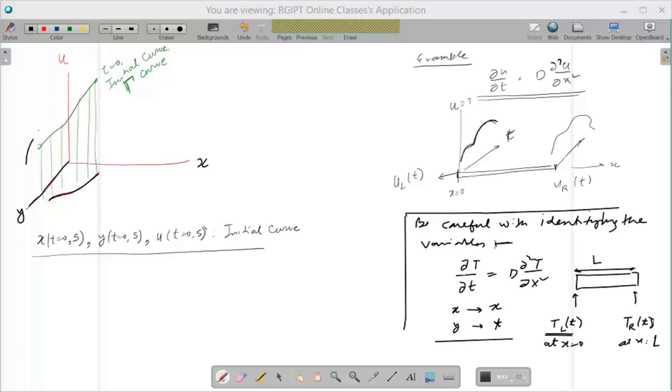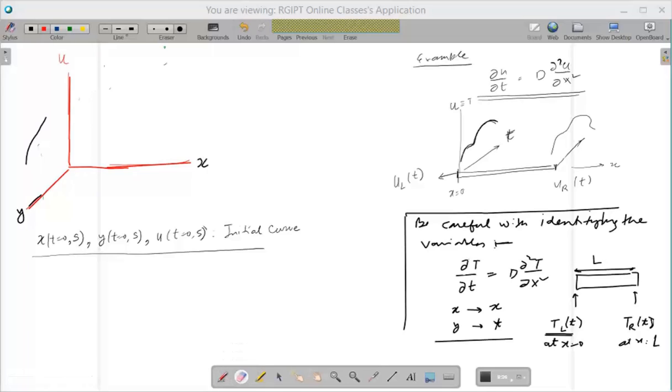Let me draw this figure, and at the left end, that is x equal to 0, u is some known function of t.